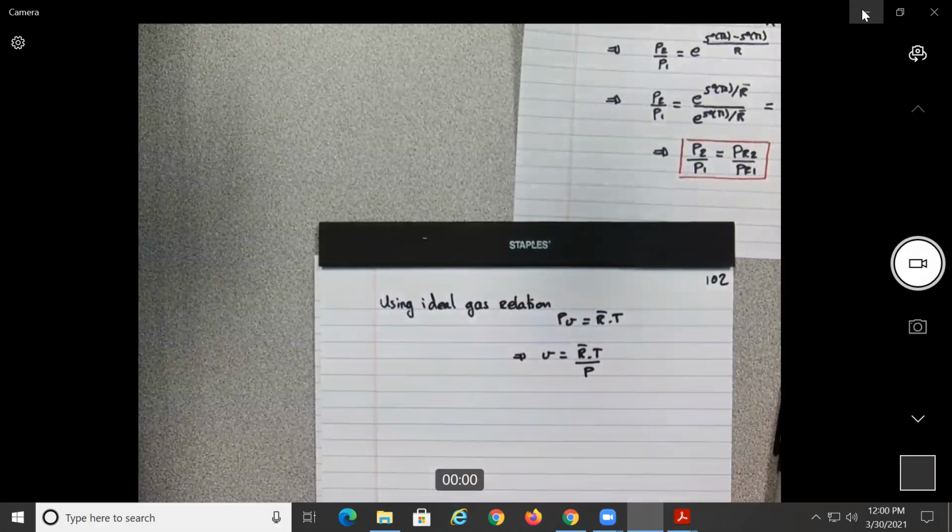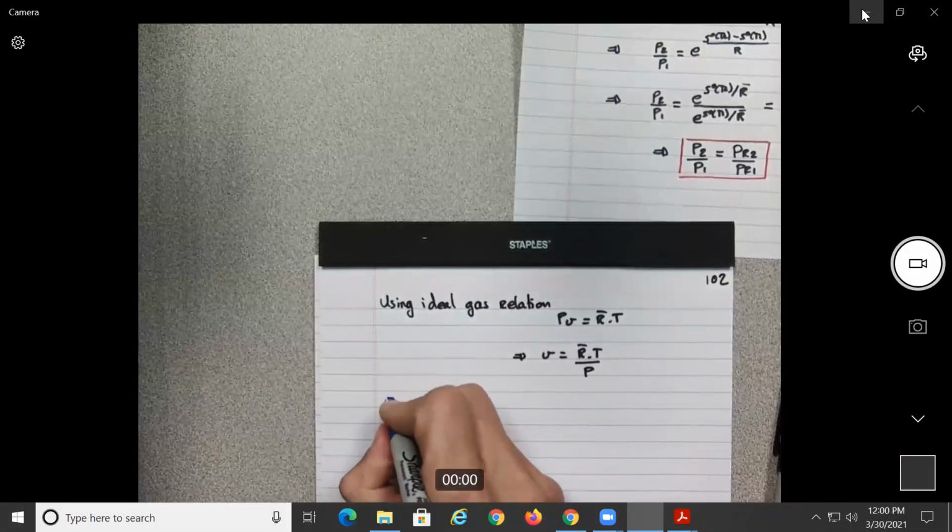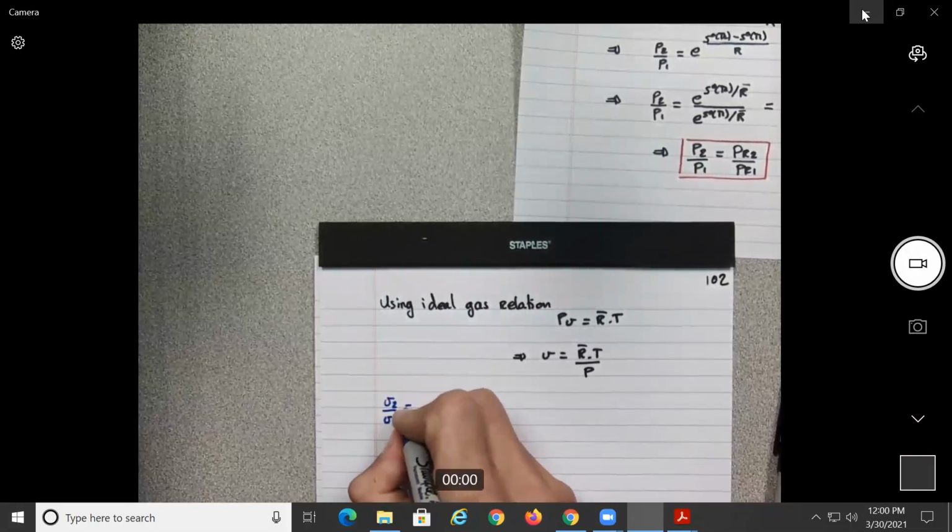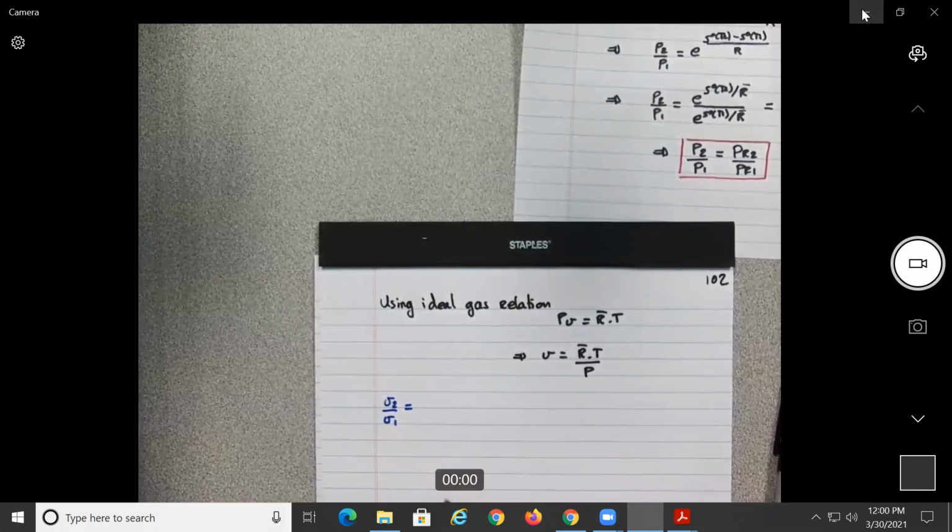Okay, so basically it means that if we do the ratio, V2 over V1 will be equal to what?